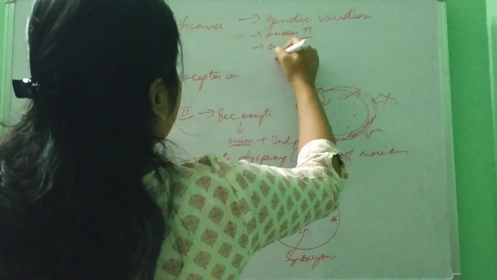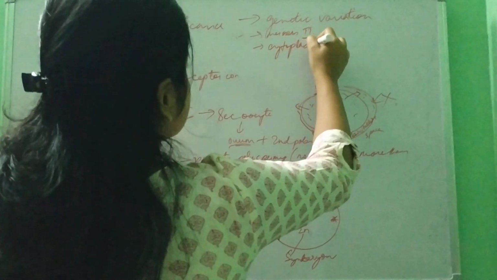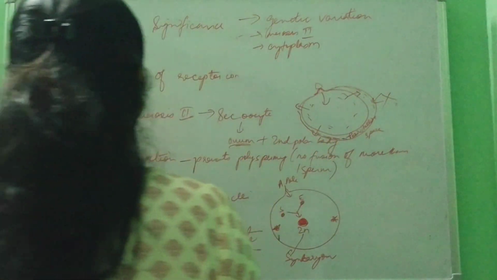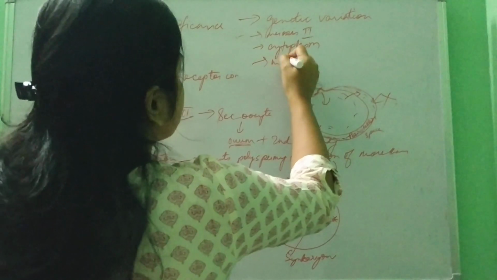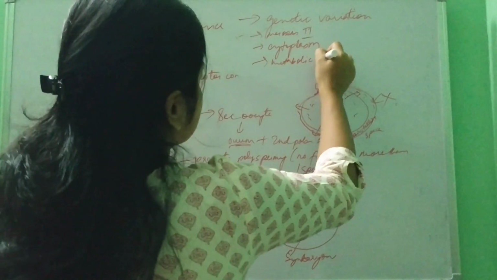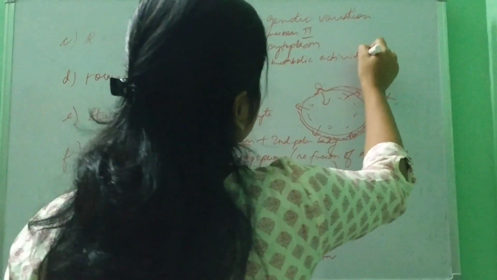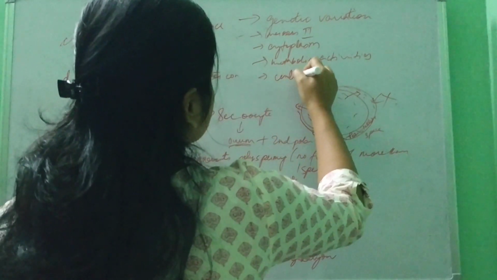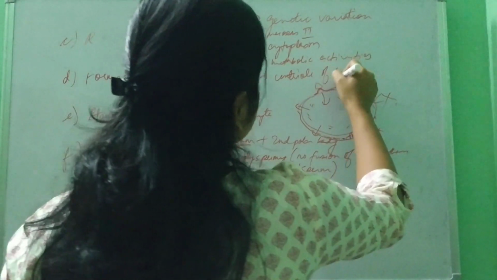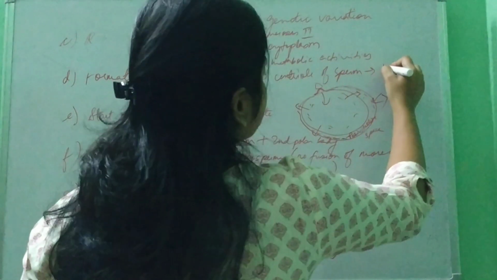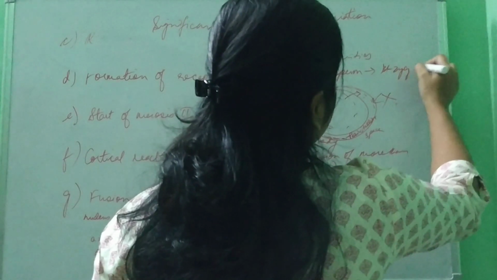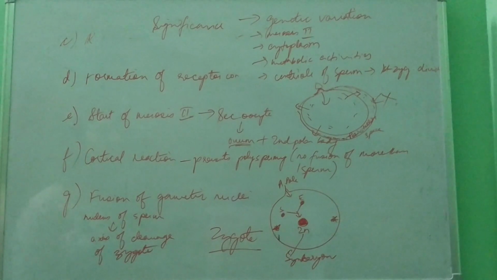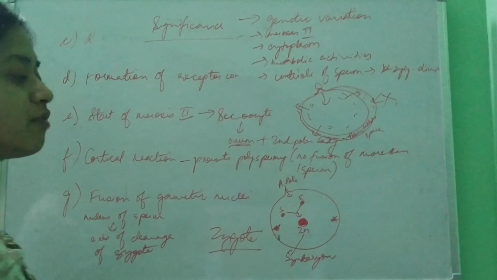Then the egg retains cytoplasm. Due to meiosis 2, the ovum will retain all the cytoplasm. Then metabolic activities will also increase. Lastly, the centriole of the sperm will give the first zygotic division. So this is the significance of fertilization.